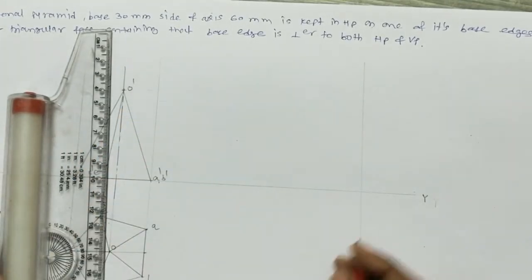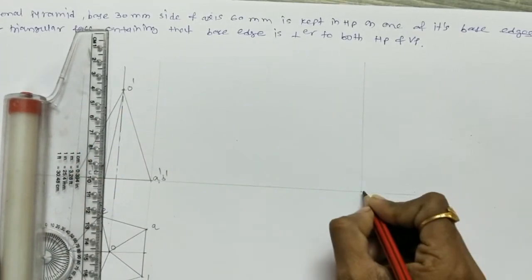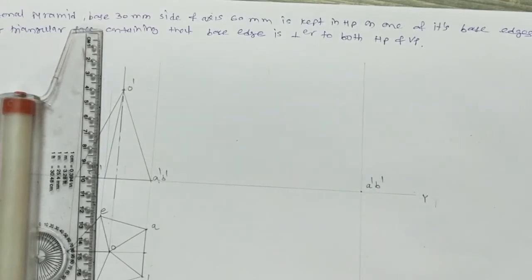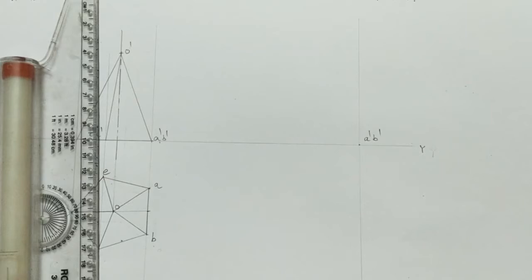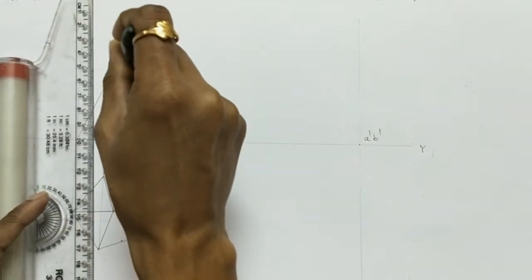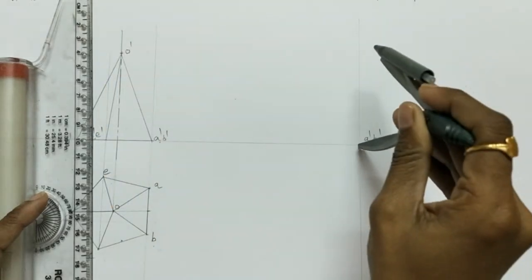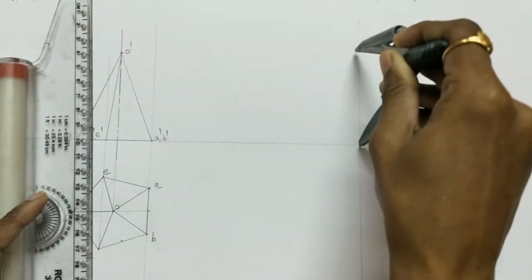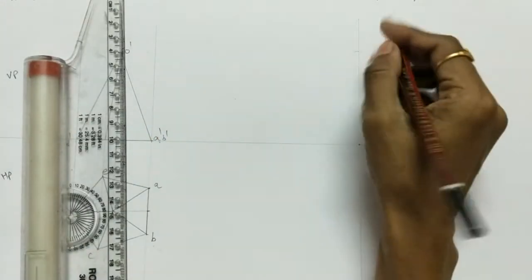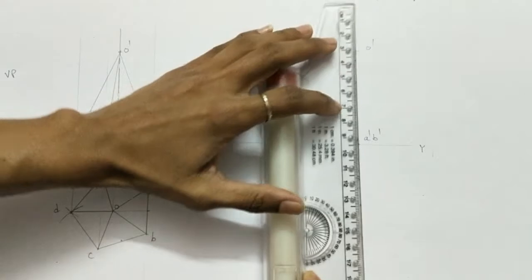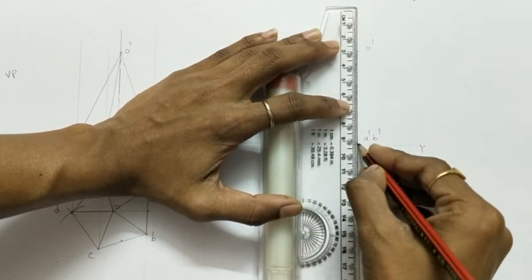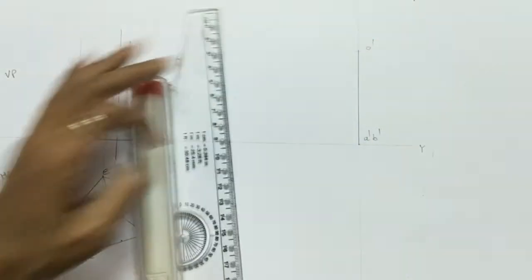Now this is point A dash, B dash, and measure the distance with the compass from A dash, B dash to O dash. So this is point O dash. And now draw the A dash, B dash and O dash lines like this.